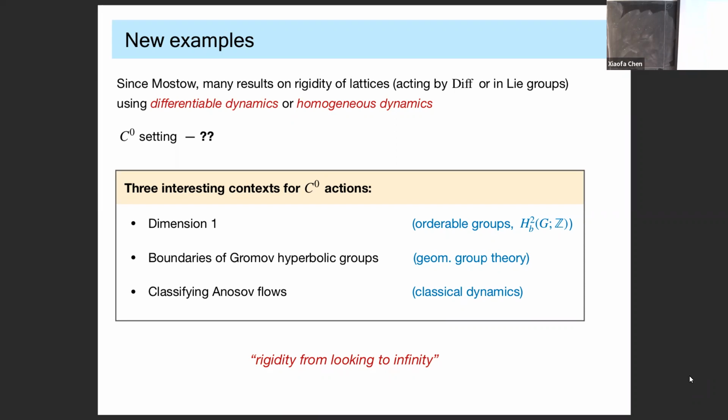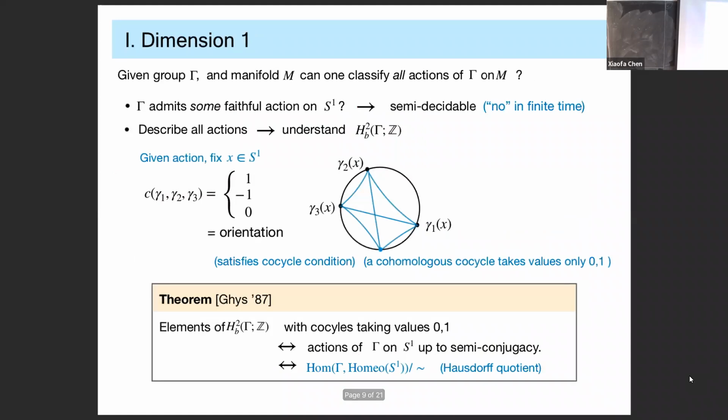Okay, a historical overview, and let's commence with three specific settings. First is dimension one. Ignore my slide except for the first sentence, which is, here's a big problem. You give me your favorite group, say a finitely generated group, and your favorite space, maybe it's a manifold, the two-sphere, whatever you want.